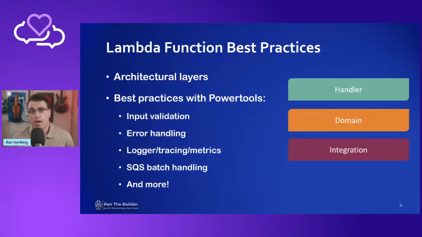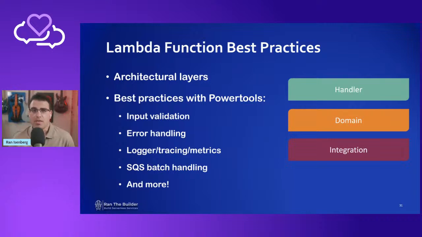And I also added to the cookbook. Again, this is all in the cookbook. You have all these examples. Also, I've added PowerTools. If you're not familiar with it, PowerTools is the AWS PowerTools library for Lambda. It's an amazing open source library. It has over 4 million downloads per month.